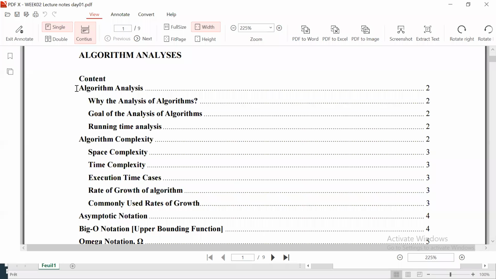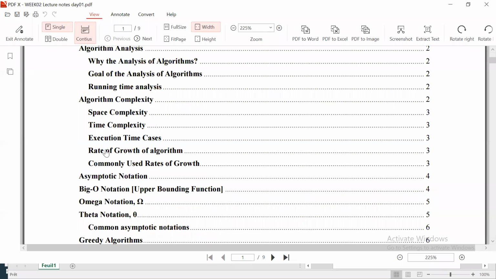So today we'll look at algorithm analysis. We'll understand why there is need to analyze algorithms. We'll also look at algorithm complexity, specifically the space-time complexity of algorithms. We'll look at algorithm execution time cases.